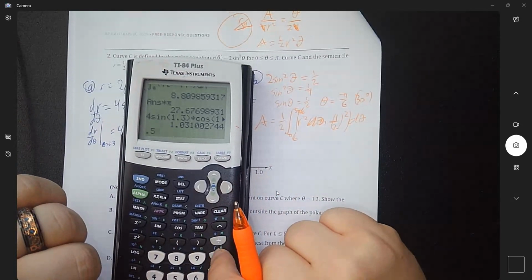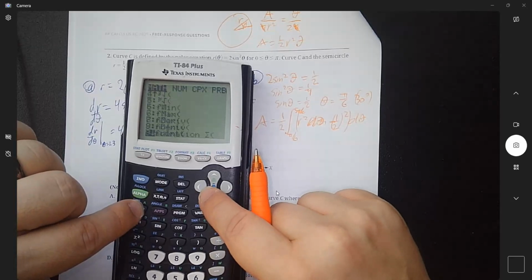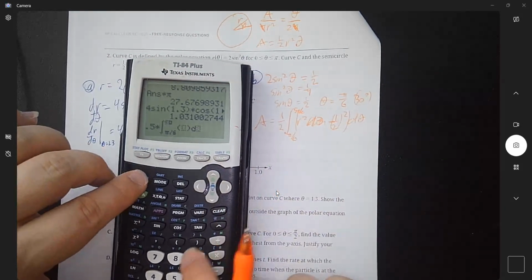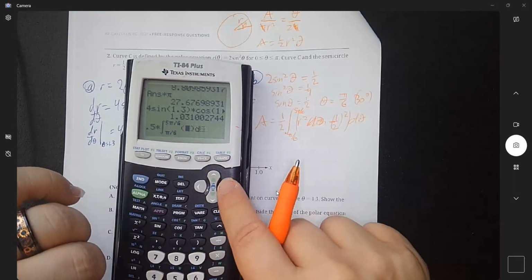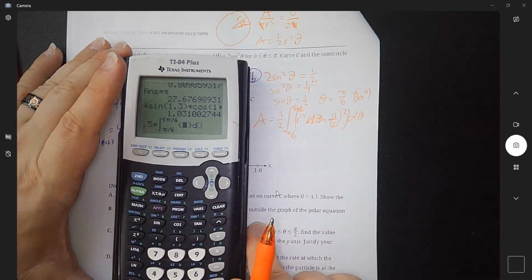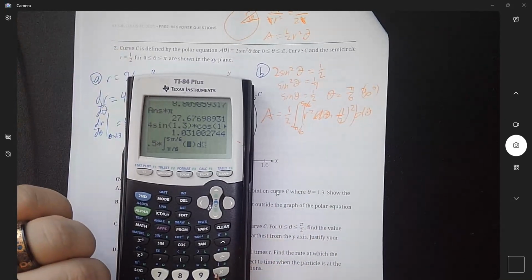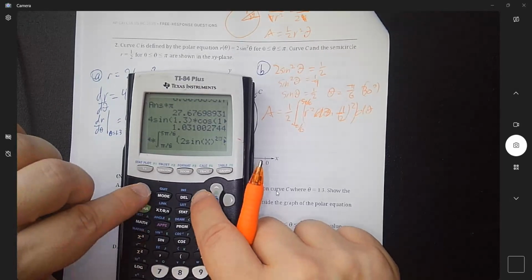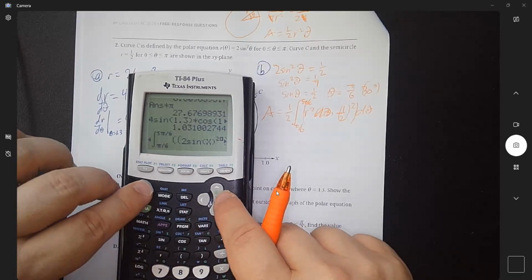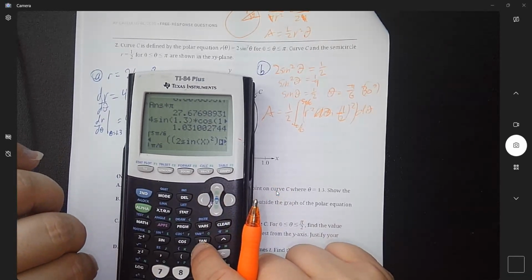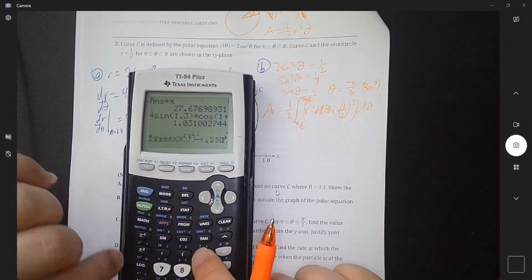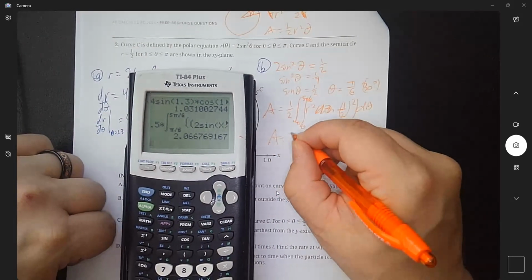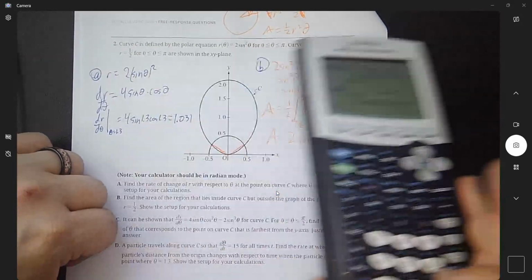We're going to do 1/2 times the numerical integral from π/6 to 5π/6 of (2 sin x)², and that itself needs to be squared, minus (1/2)² dx. So what is this area? I think the area is going to be 2.067. That's what I think it winds up being.